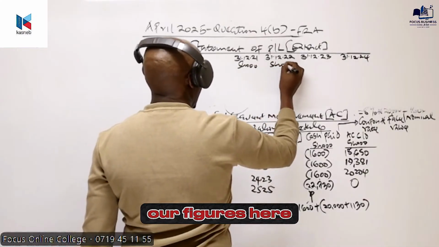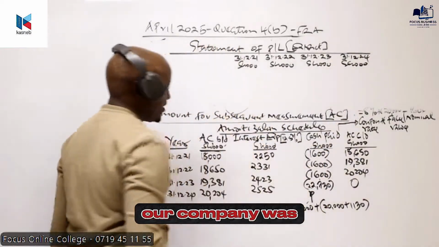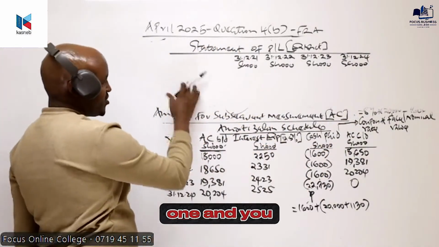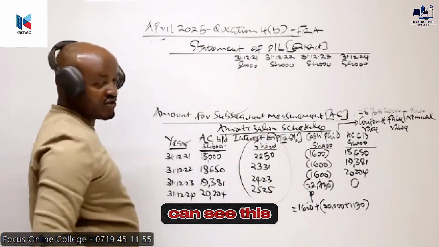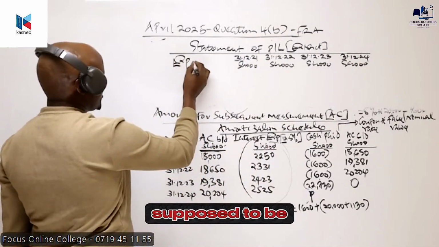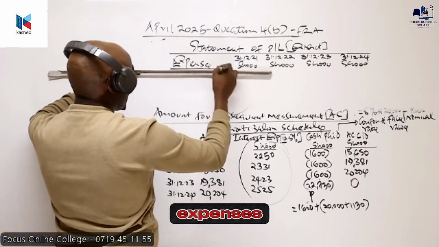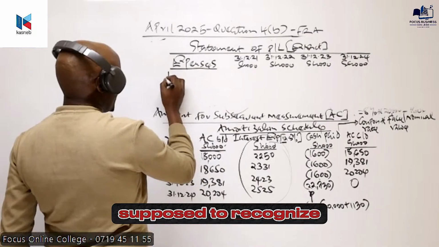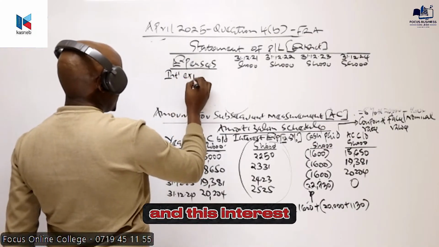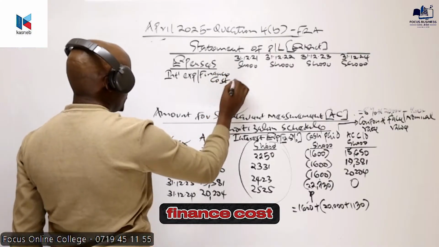And basically, our figures here are in thousands of shillings. So what our company was supposed to recognize here is this one, and you can see this is an expense. Our company was supposed to recognize interest expense, and in other terms, we can also refer to this as a finance cost.